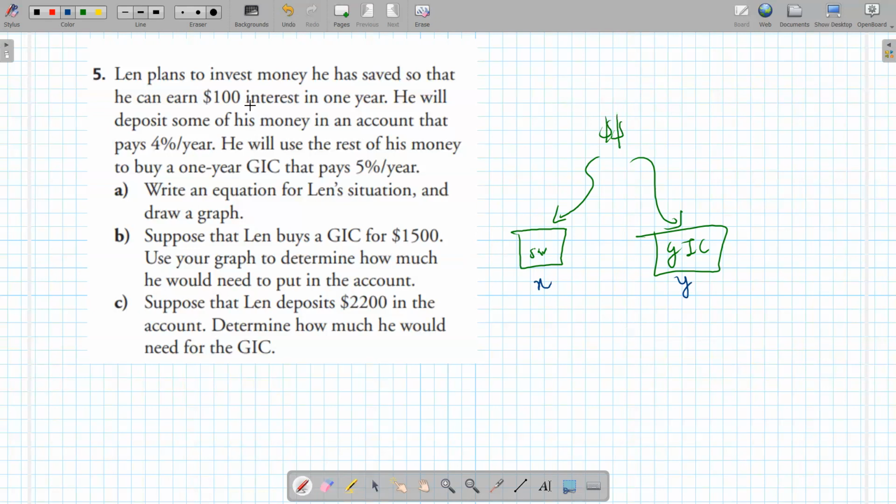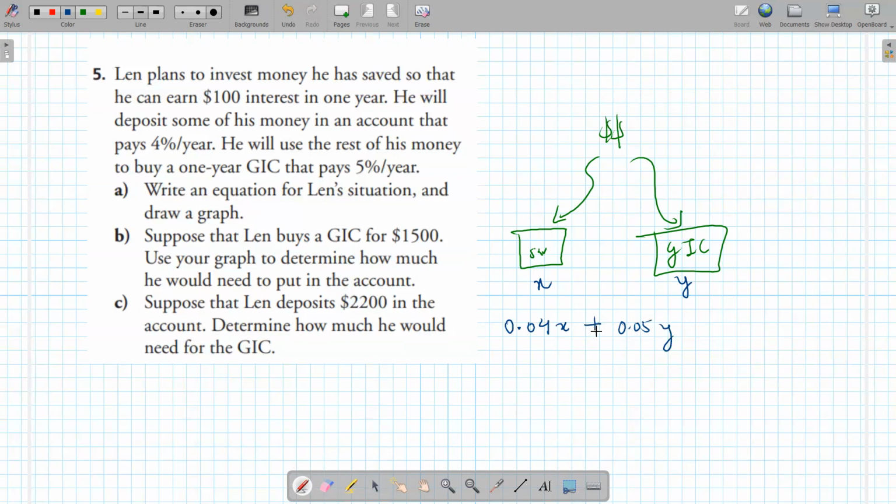Now we just gotta use the numbers. In the first account, he's gonna make 4%, which as a decimal is 0.04x. This is the interest that he earns for 1 year in this account, okay? The next term is going to be 0.05y because 5% in GIC.